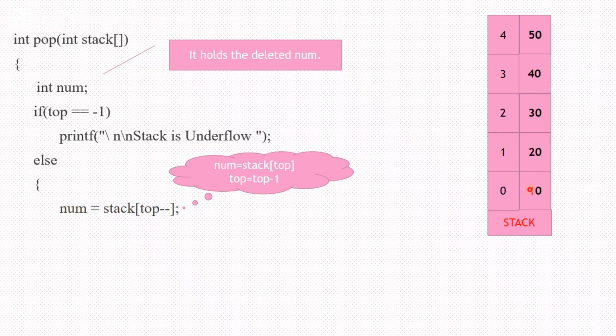So num equal to stack of top, top equal to top minus 1. Popped element. Once you decrement top, you will not get control of the deleted element. That's why you need to store that in num and use it later.